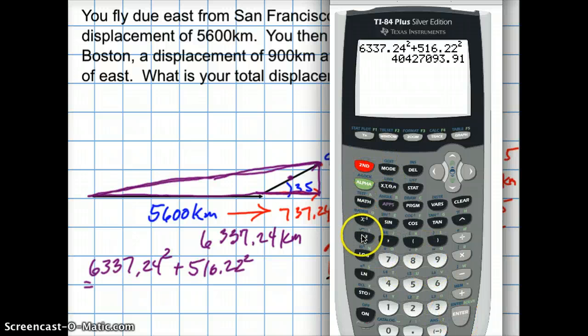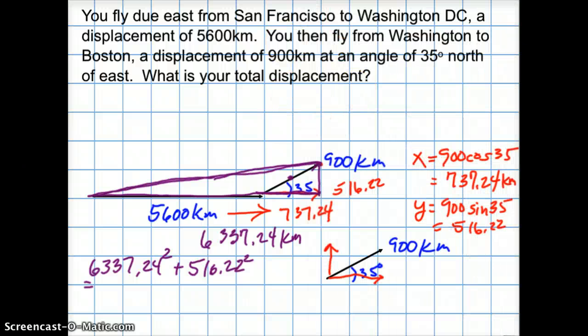So I'm going to square root that. And so that gives me a hypotenuse of 6358.23. So my hypotenuse is 6328.53 kilometers at what angle?